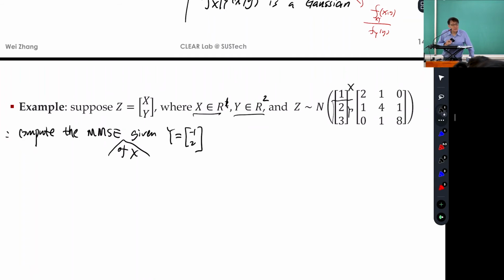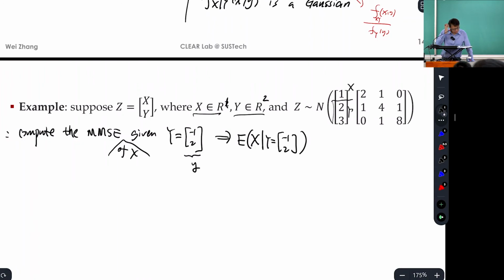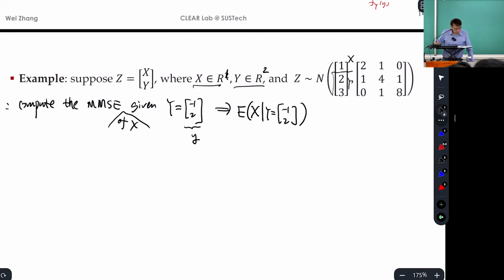Now it becomes estimation theory. The result we learned so far is that the minimum mean square estimate, at our small y, is the conditional expectation. First of all, I know x and y are jointly Gaussian.